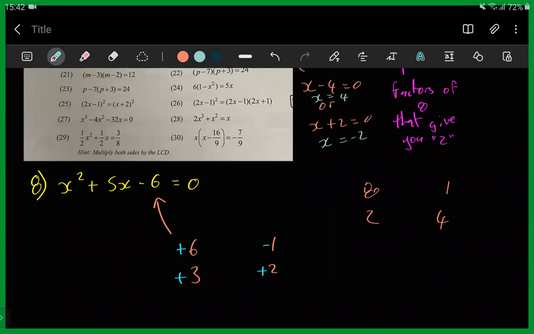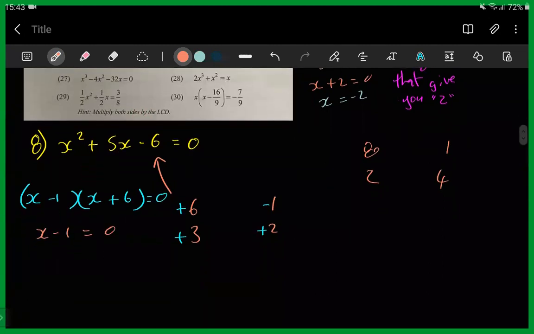So doing what we're doing now, we can see that we have x in the first bracket, x in the other bracket. Factors of 6, we said we're going to choose a positive 6 and a negative 1. We're going to make each of them equal to 0. Starting with the first one, this goes over.